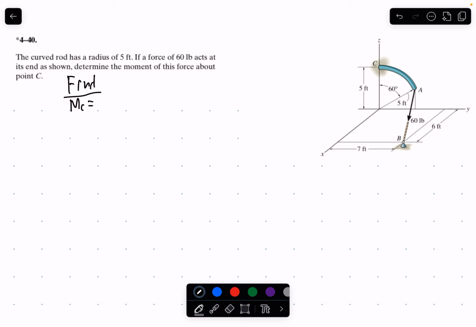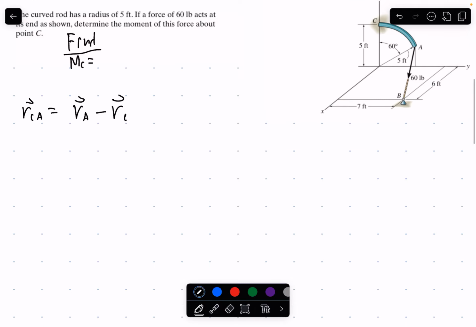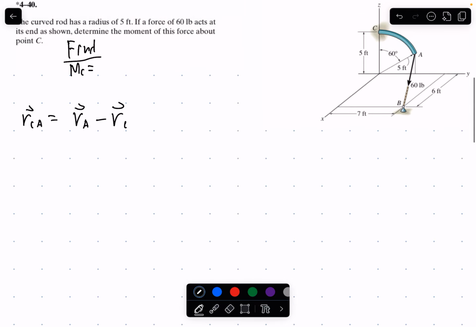Okay, so we can start by finding the position vector from C to A. So it's going to be r C to A, and that's going to be defined as r to A from the origin minus r to C from the origin. I'm going to define these in the i hat, j hat, and k hat vectors. Looking from the origin to A, it's going to be traveling 0 in the x direction, the i hat direction, so we leave that blank.